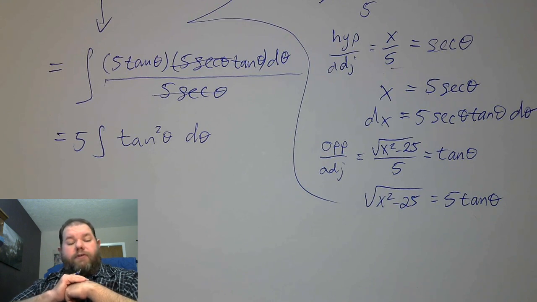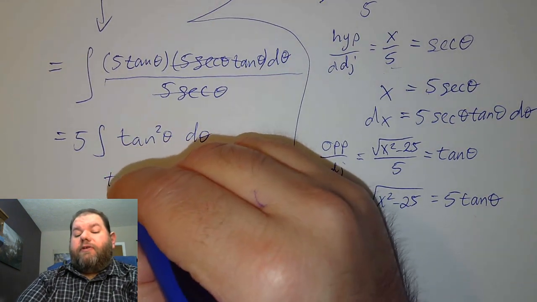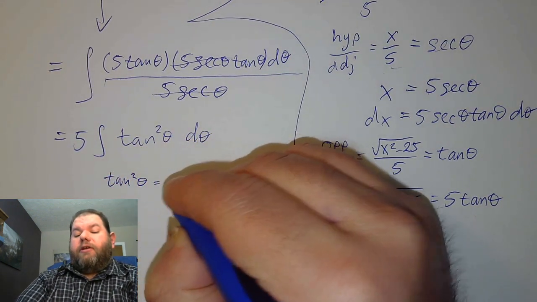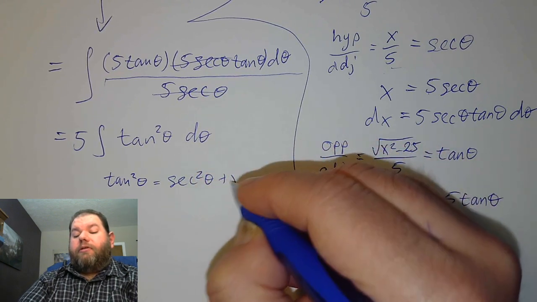Now, this actually falls into that category 3 for secant and tangent that we basically said, good luck, do your best, and solve the problem. But tangent squared by itself is not bad because we have an identity for tangent squared, which is tangent squared theta is equal to secant squared theta plus 1.